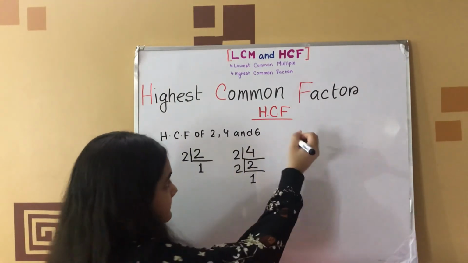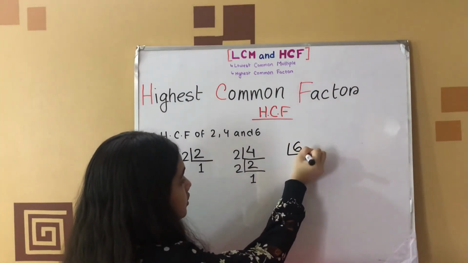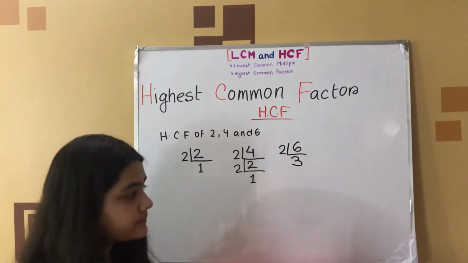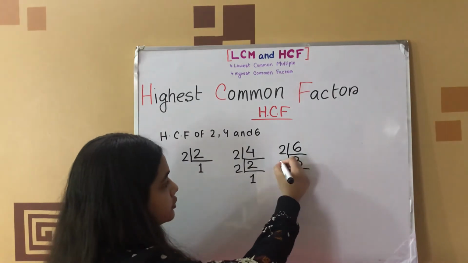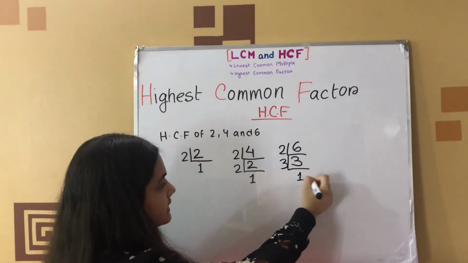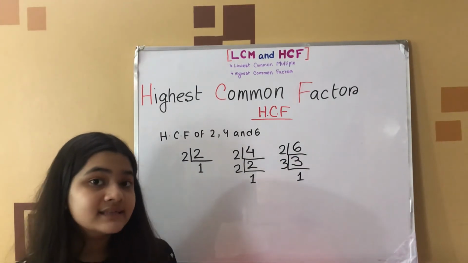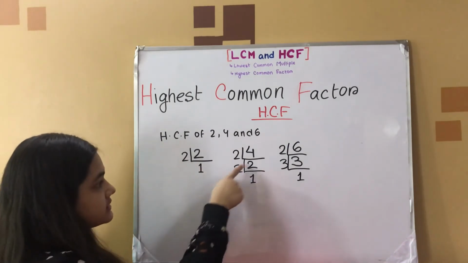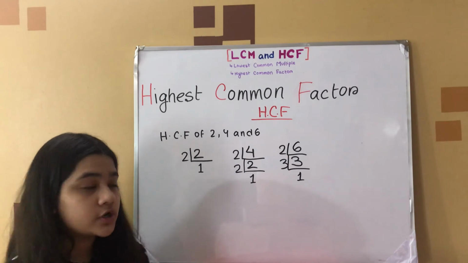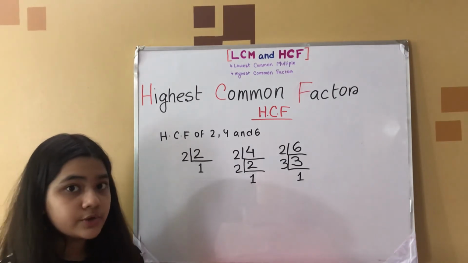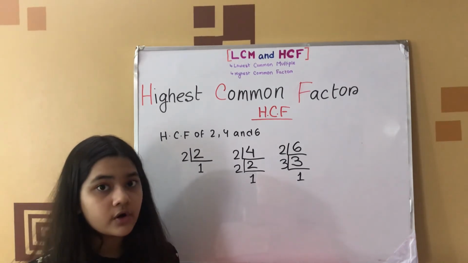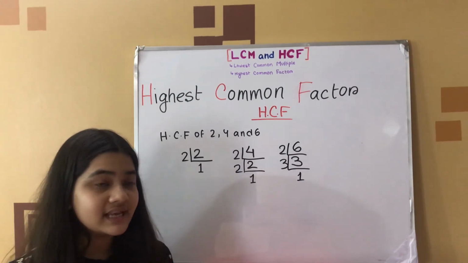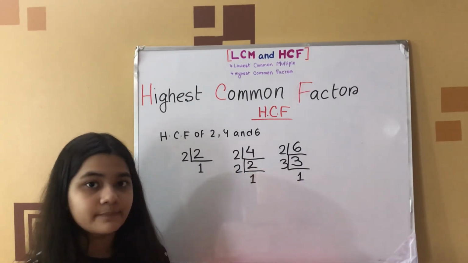Now 6. 2 3s is 6. Then 3 1s is 3. See, over here we found their prime factors. The prime factor of 2 is 2. The prime factors of 4 are 2 and 2. And the prime factors of 6 are 2 and 3.